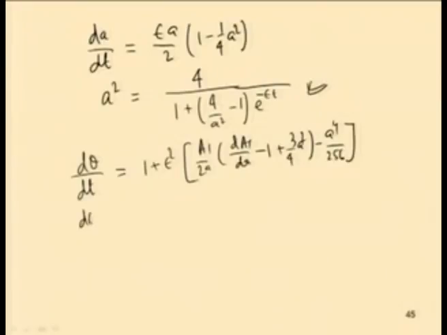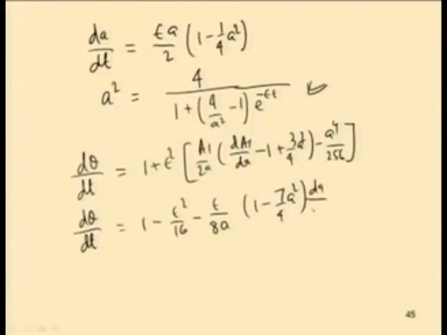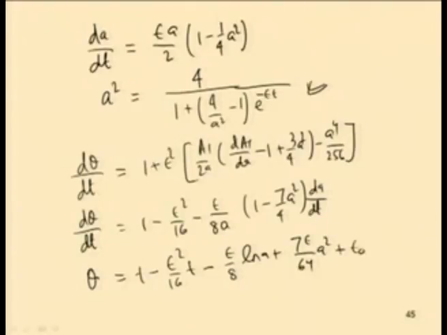From this, dθ/dt will be equal to 1 minus ε²/16 minus ε/(8a) into (1 minus 7/4 a²) into dA/dt. We already know dA/dt, so we can find θ equal to t minus ε² t/16 minus ε/8 ln a plus 7ε/(64) a² plus θ0.